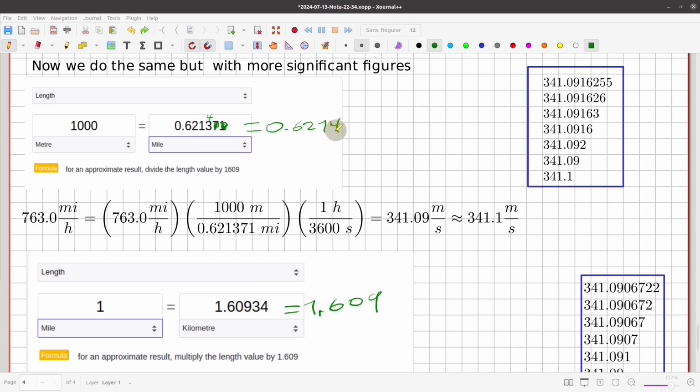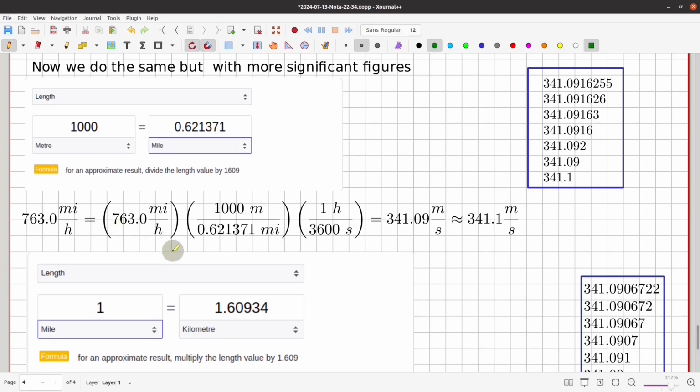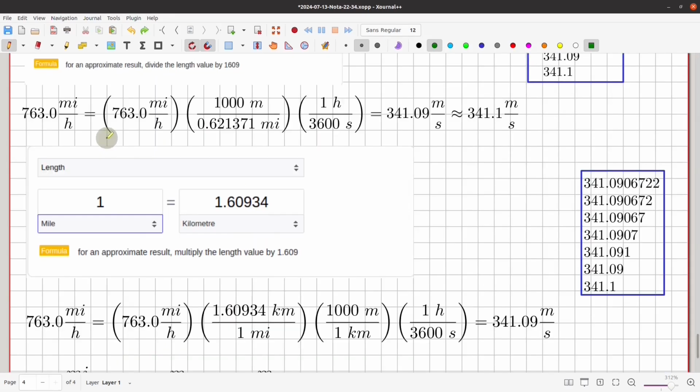Now, if you do the exercise with the second one, you must obtain that 1 mile is equivalent to 1.609 kilometers. It's time to return to our units conversion using these more precise values.